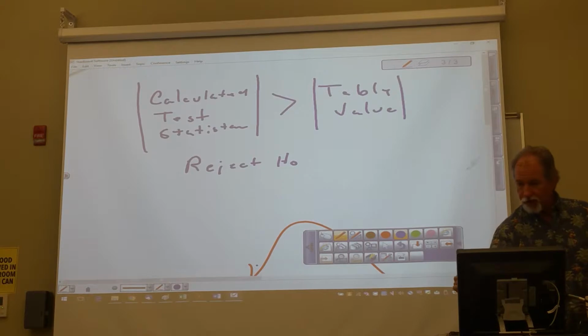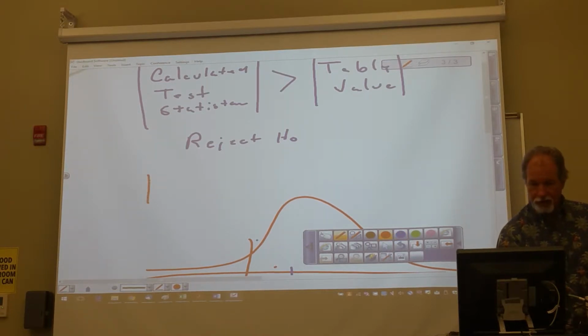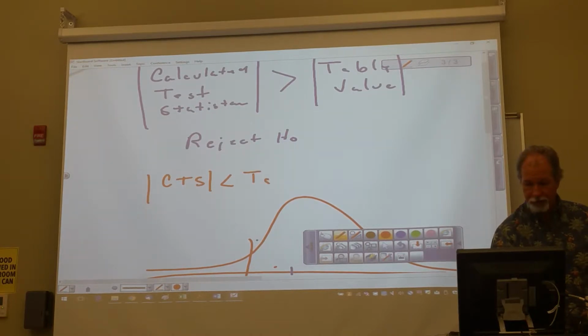Okay? I can always state this backwards, where I can say, if the calculated test statistic is less than the table value, then I do not reject H0.